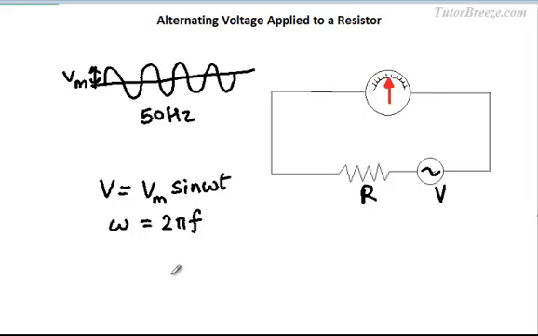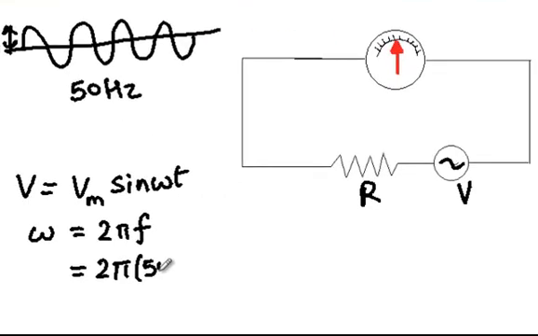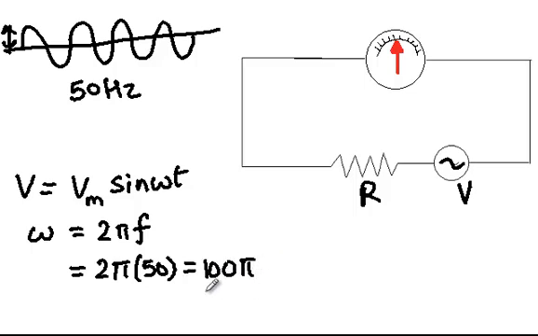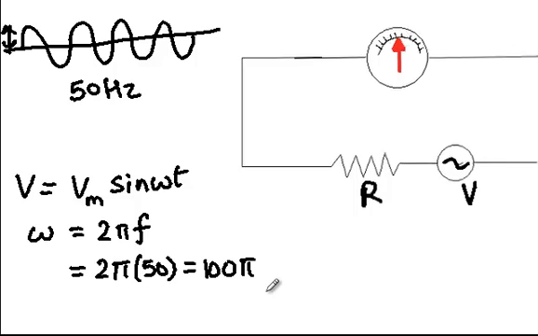So for example, if the frequency is 50 Hertz, then the value of omega would be 2 pi times 50, which is 100 pi radians per second.